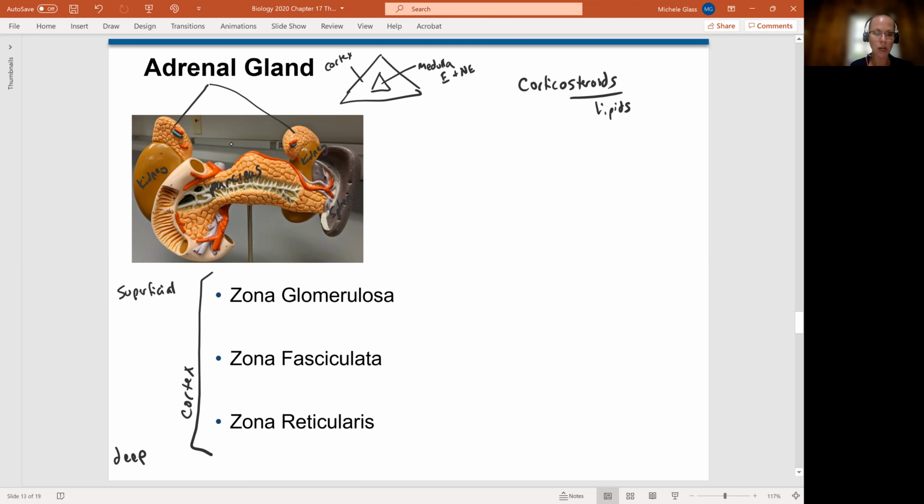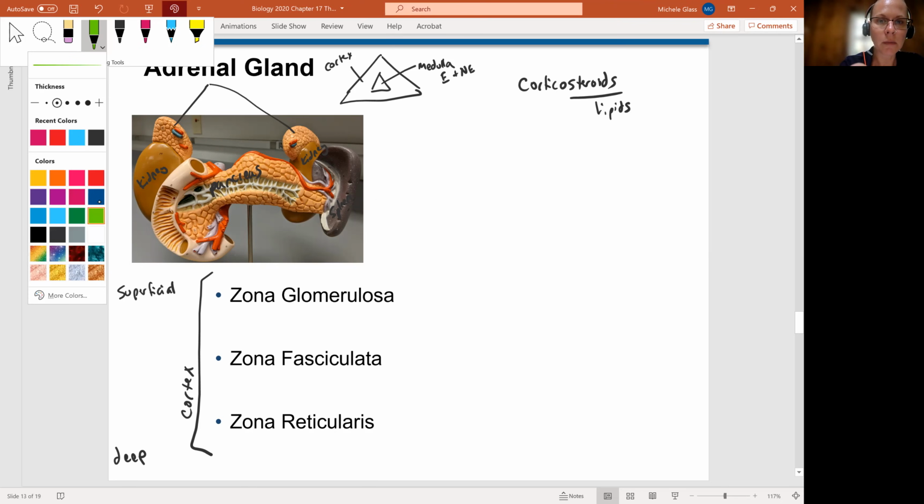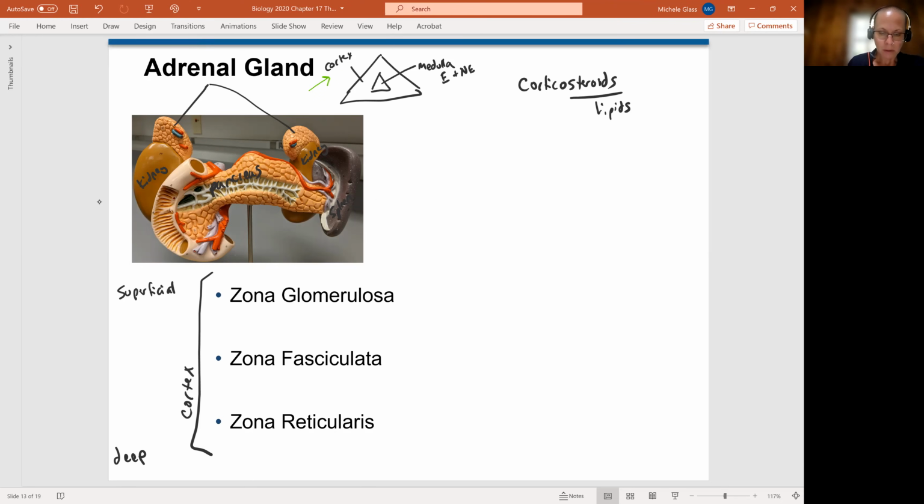And remember, we talked about the cortex being stimulated by our adrenocorticotropic hormone, which we can abbreviate capital ACTH. So our ACTH from the adenohypophysis is going to trigger the cortex of the adrenal gland to be releasing these corticosteroids, which are these lipid-derived hormones.